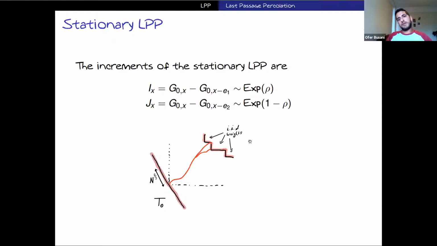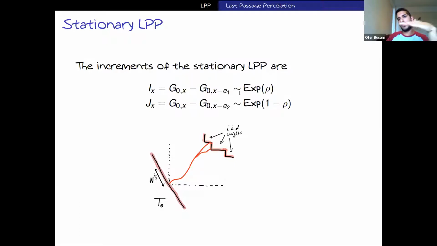A crucial point here is that if you take a sequence of edges that constitute a down-right path, such as this one here, then the weights on these edges are going to be independent, and they're going to be distributed according to the distributions here.